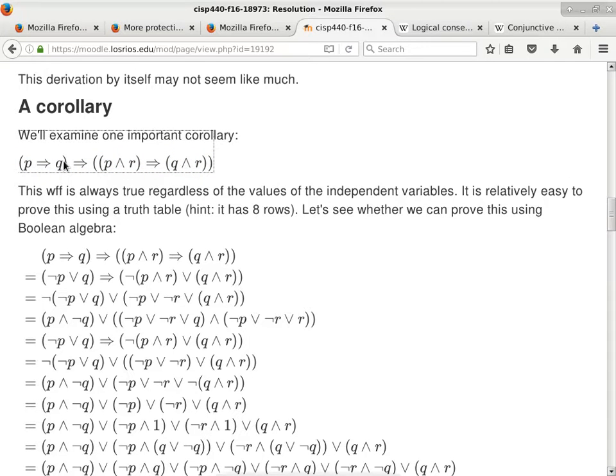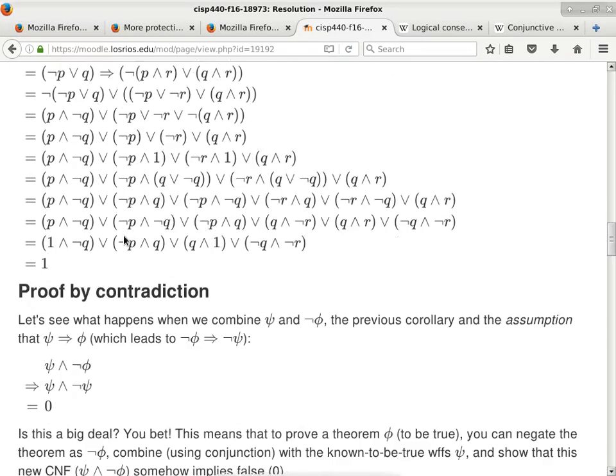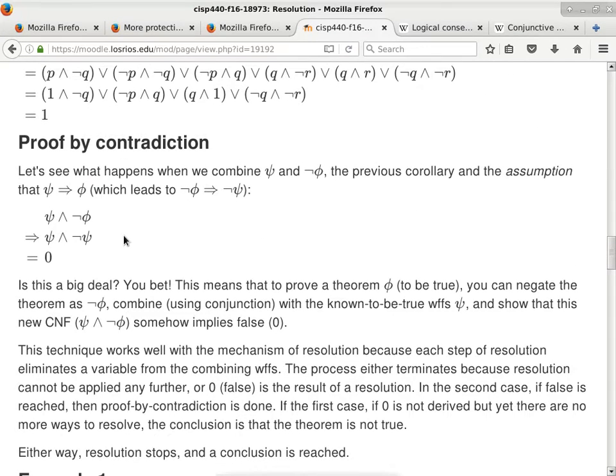But why is that useful? Well, let's see why it's useful. Down here, proof by contradiction. We talked about proof by contradiction a few times already, but it was never really formally introduced or justified. Why does it work? We are going to assume that you start off with some gigantic CNF, and it implies the theorem that you're trying to prove.